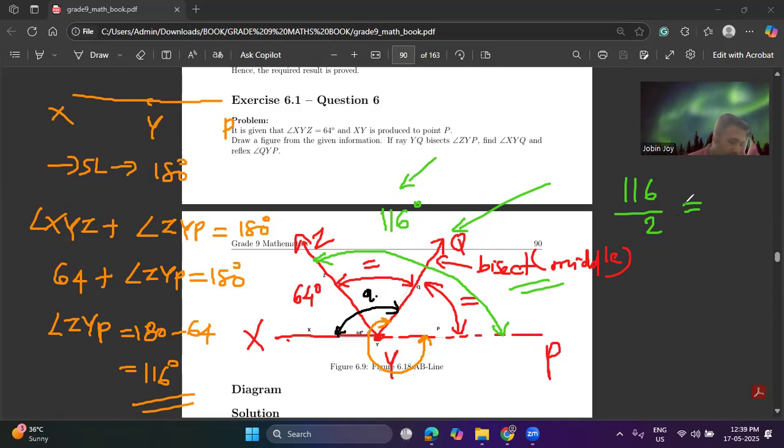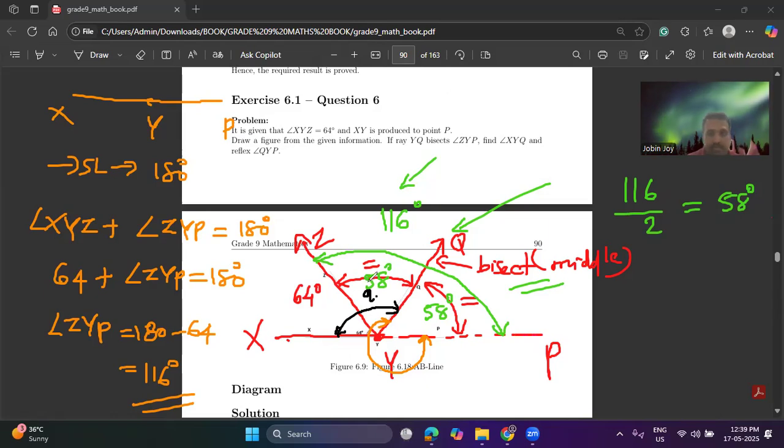That is equal to 58 degrees. That means this angle is equal to 58 degrees because this is the bisector. Total angle from here to here is 116. So the ray YQ being the bisector means this is 58 degrees and this is 58 degrees.